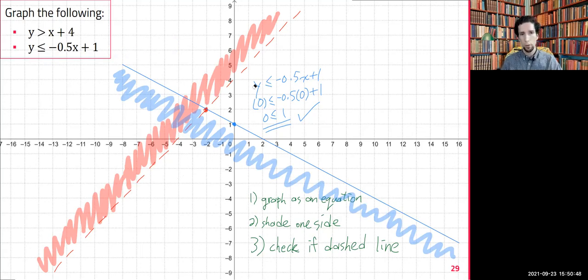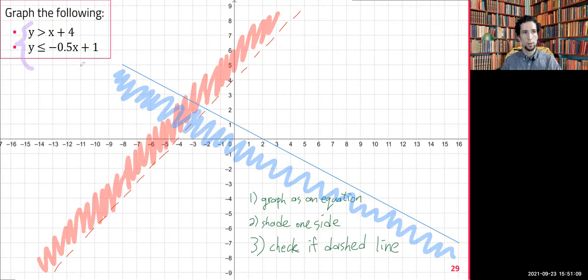So we're done, kind of. We have graphed the two. We have done that successfully. We have our accurate graph here. The last thing I'm going to ask us to do is imagine if this were actually a system of inequalities.